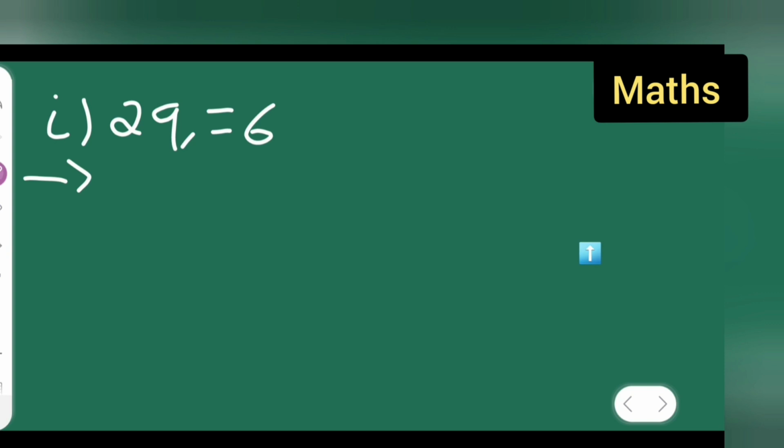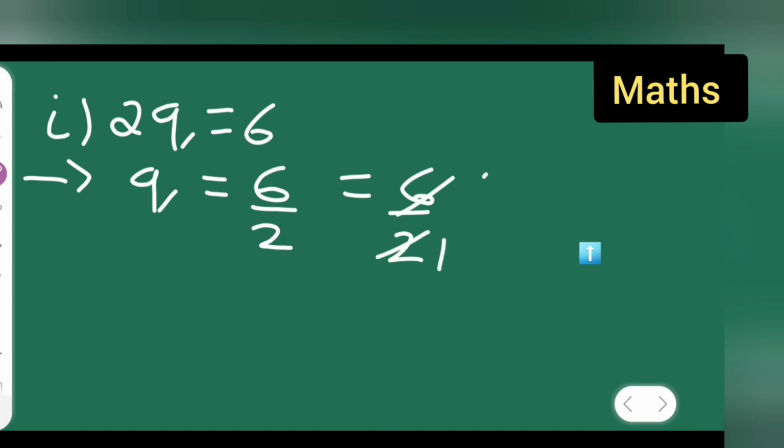So how are you going to do this? Write down Q is equal to 6 upon 2. So 6 upon 2 is given, right? So we will cancel, 2 ones are 2, 2 threes are 6. So what you are left with? Q is equal to 3.